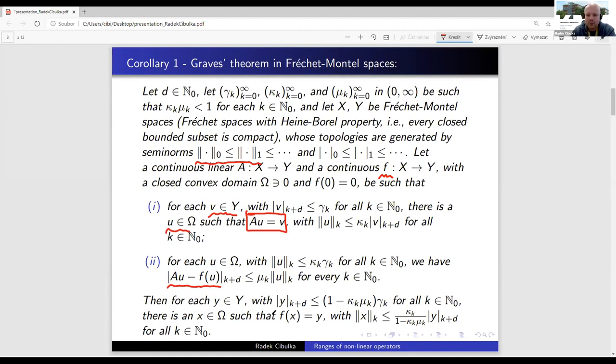Then the conclusion is that you are able to satisfy also the nonlinear equation, so to find a solution x, and here you have also a distance estimate. So you know how the solution changes with respect to the changes of the right-hand side.